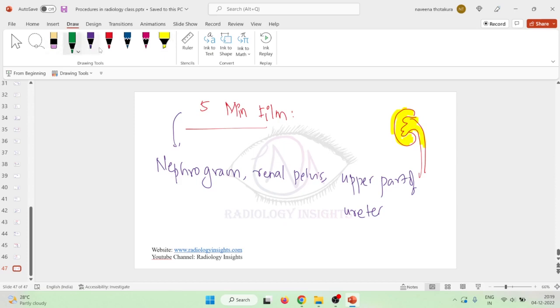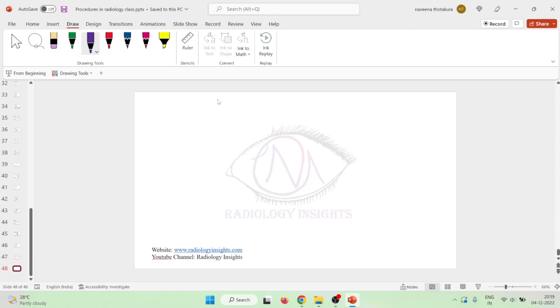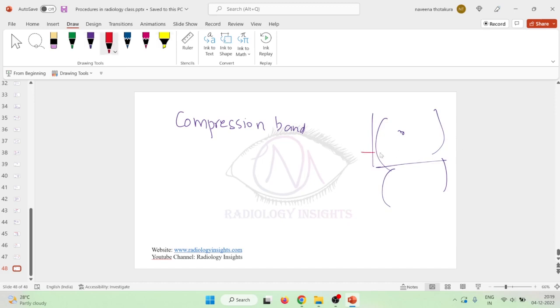Then at this stage of the 5 minute film, we can apply a compression band around the abdomen of the patient.